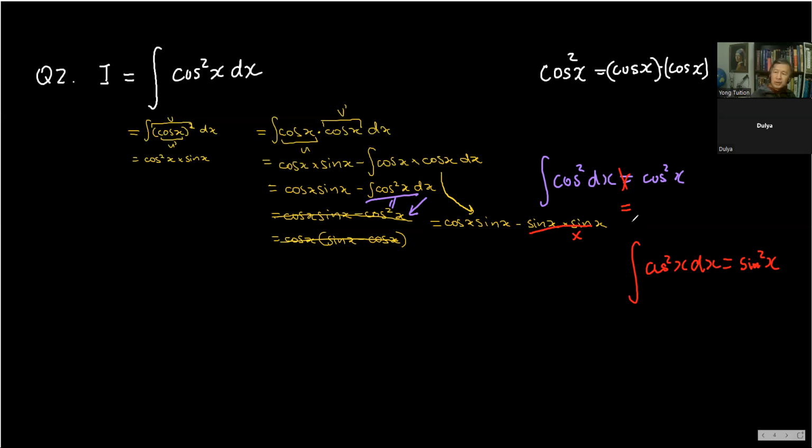So we are trying to integrate this cosine square x dx, and we tentatively believe that this is our answer, right?